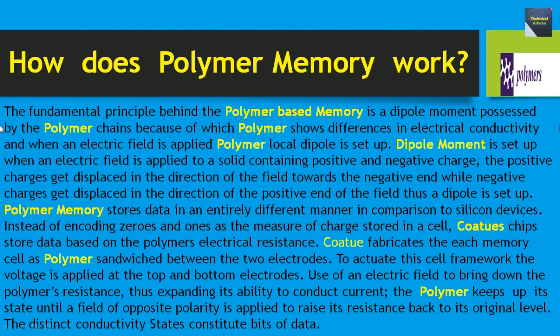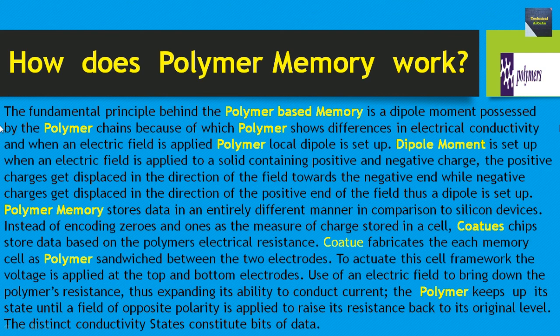A dipole moment is set up when an electric field is applied to a solid containing positive and negative charge. The positive charges get displaced in the direction of the field towards the negative end, while negative charges get displaced in the direction of the positive end of the field. Thus a dipole is set up.